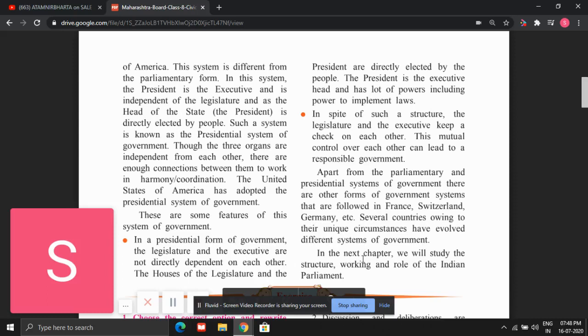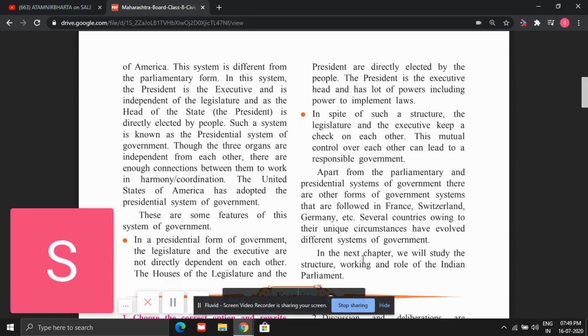We already learned the parliamentary system, and we also covered the presidential system of government. There is something different from these two systems, which is neither the parliamentary nor the presidential form of government, and which is followed in countries like France, Switzerland, Germany, etc. These countries have this different system of government because of their specific or unique circumstances.